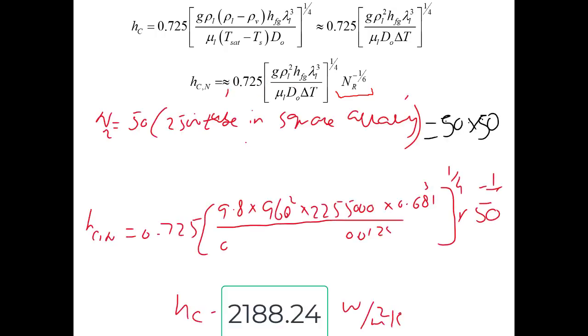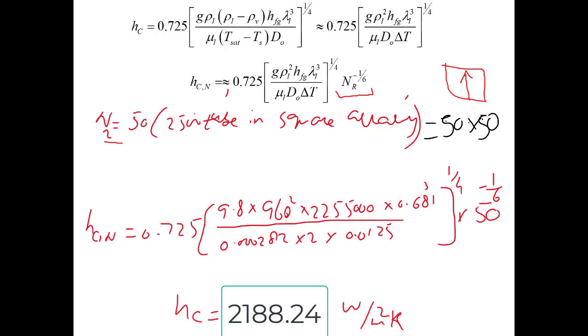And now we know the values of all these properties, so we just have to add them into the equation. And as I said at the beginning of the question, for NR we can use 50, because if you have 2500 tubes in a square array and you arrange them as 50 by 50, then if you count the number of vertical tubes in this tube bundle, you should get 50 tubes.